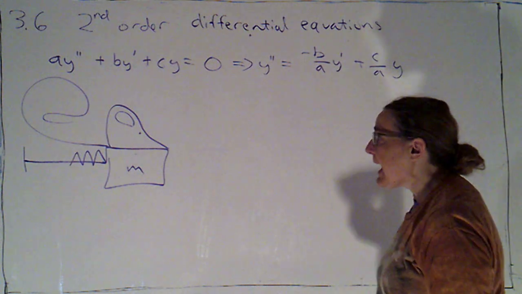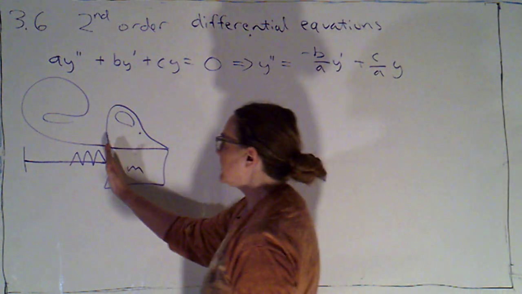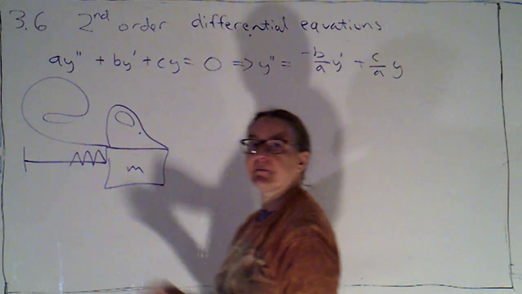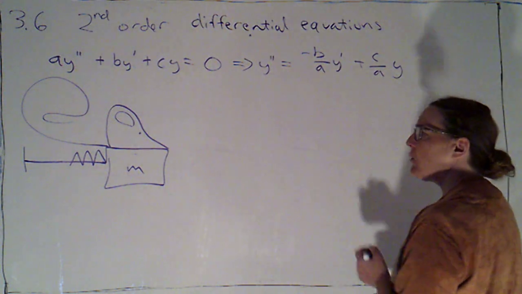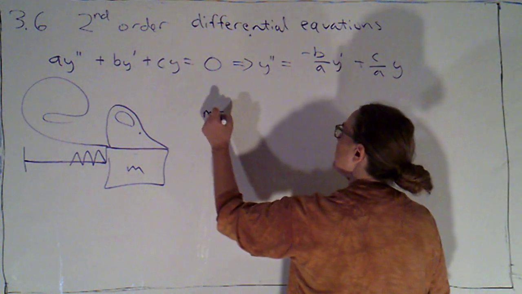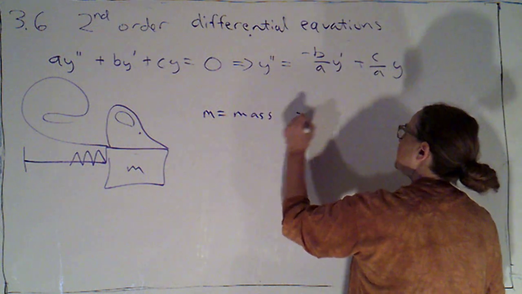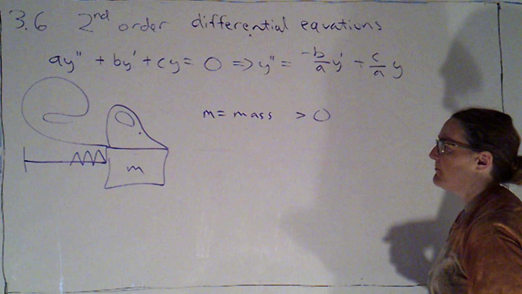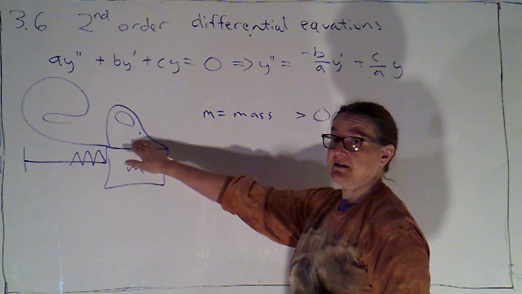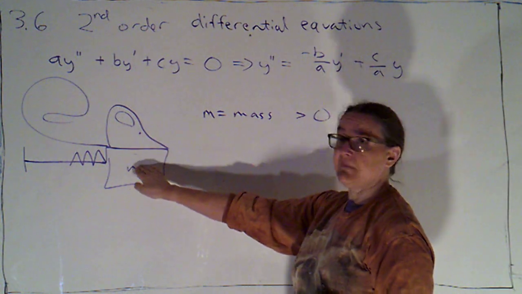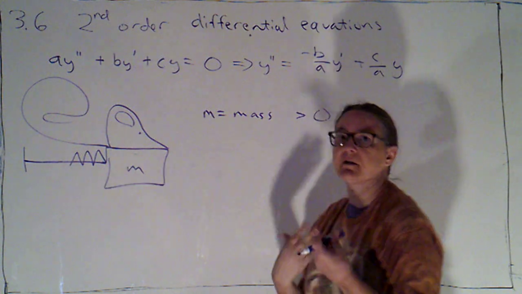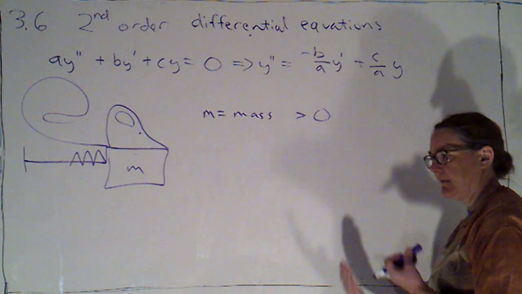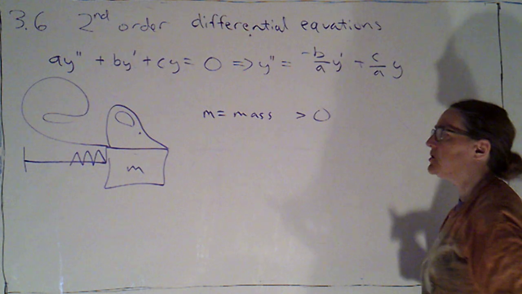When we had that, we would let y be our signed distance from the rest position, and the equation that we got there, we would have m equal to the mass, which of course has to be bigger than zero. You can't have a negative mass. And while we do have Moose the massless mouse, we are not studying a massless mass attached to a spring. We are studying a full mass attached to a spring.